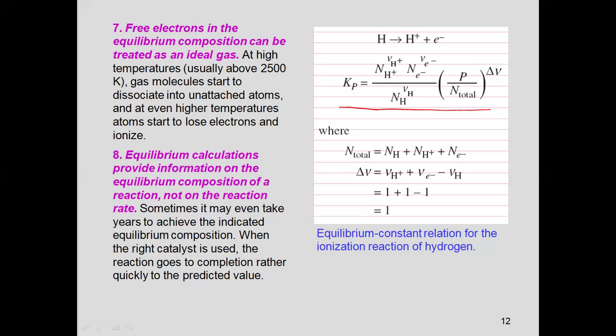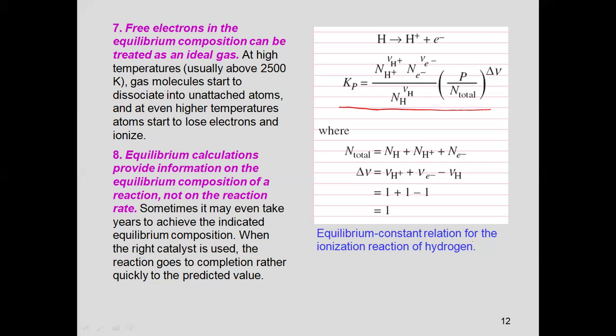Okay. Next, equilibrium calculations provide information on the equilibrium composition of a reaction, not on the rate of the reaction. I have mentioned that earlier also: it gives you how complete the reaction will be, or what the exact composition will be at the chemical equilibrium state once it is achieved, but it will not give you the rate of reaction.